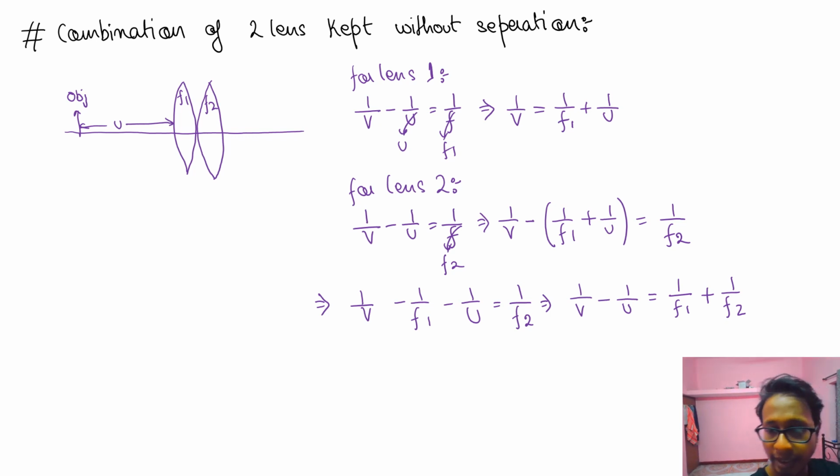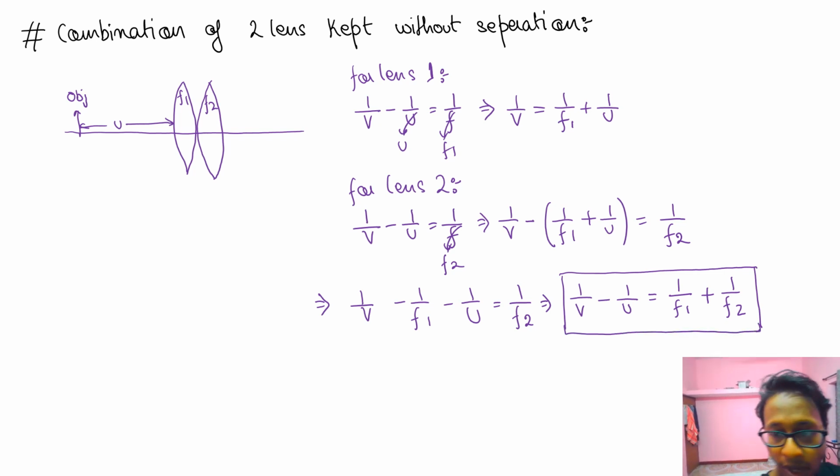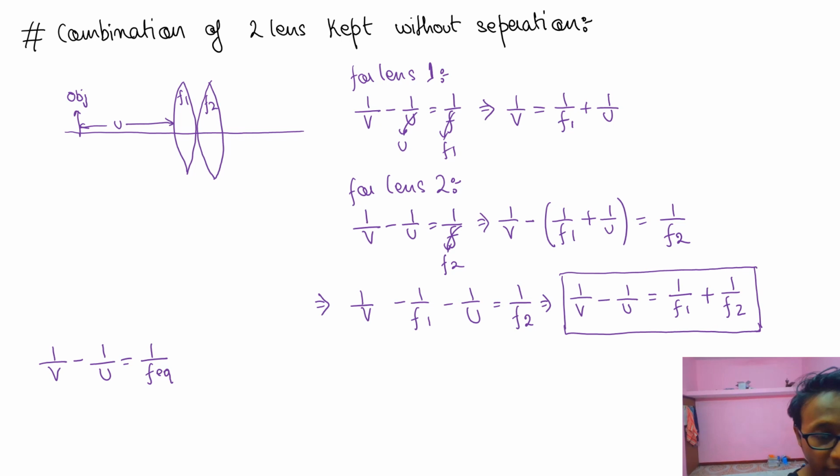Now see, this resembles the lens formula directly: 1 by v minus 1 by u is equal to 1 by f equivalent. F equivalent is nothing but the equivalent focus of both the lenses.